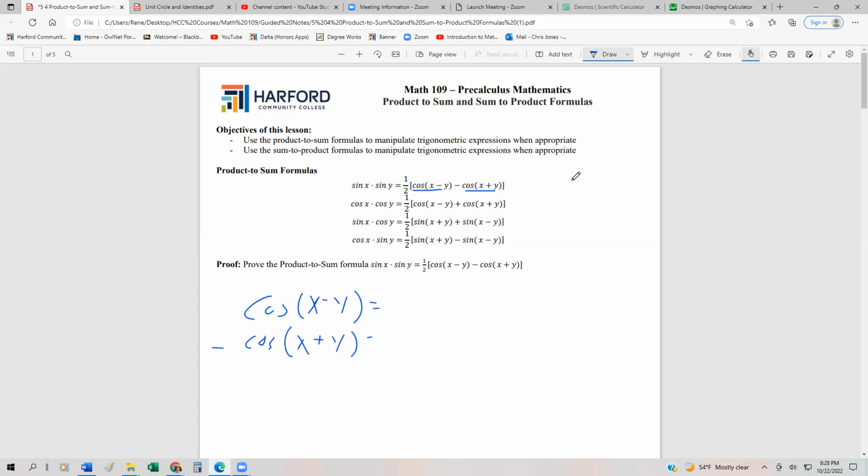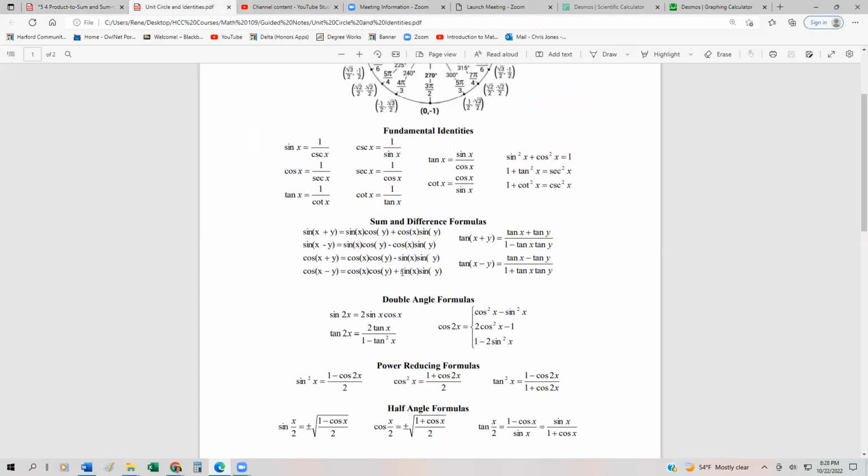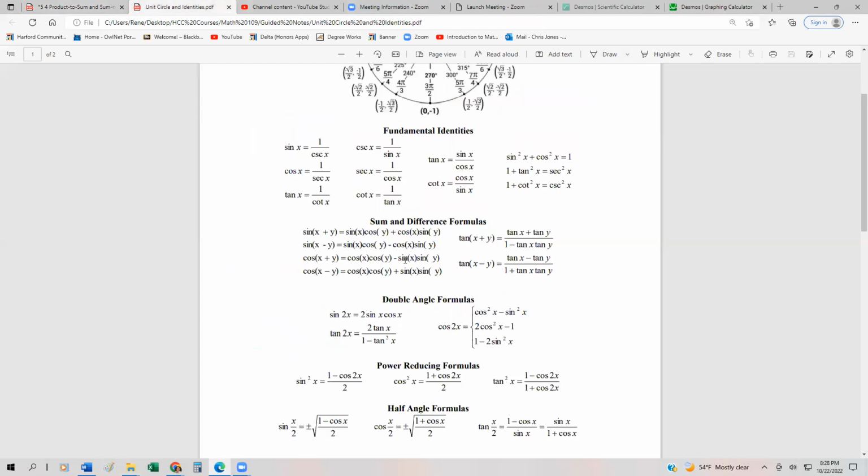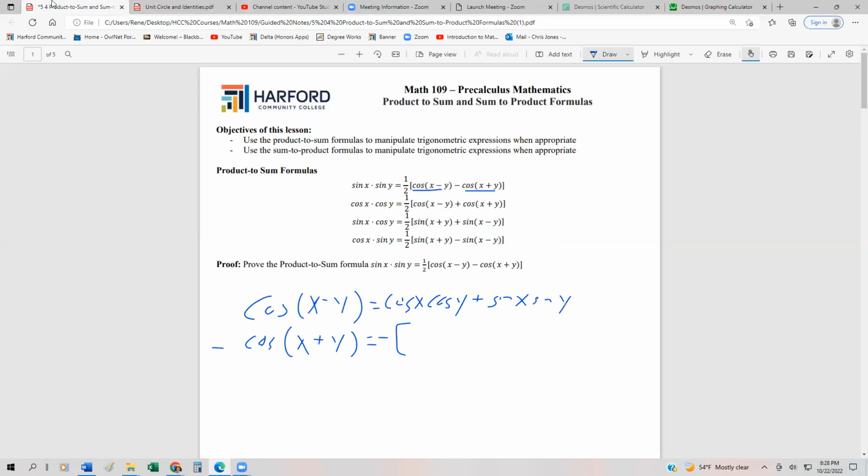If we take a look at our formulas, cos of x minus y is cos cos plus sine sine, so that's cos x cos y plus sine x sine y. Then we subtract cos x plus y, and cos x plus y is cos cos minus sine sine, so that's minus cos x cos y, and then minus sine x sine y.